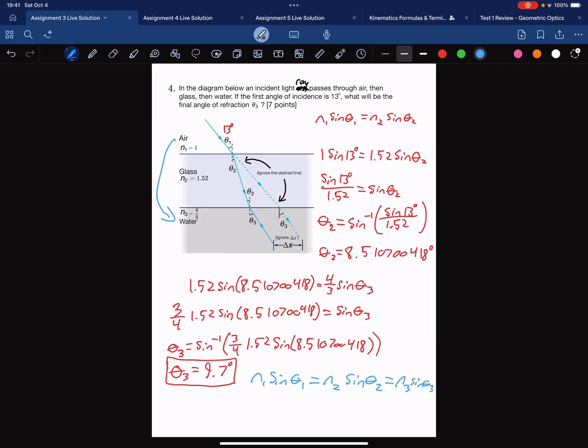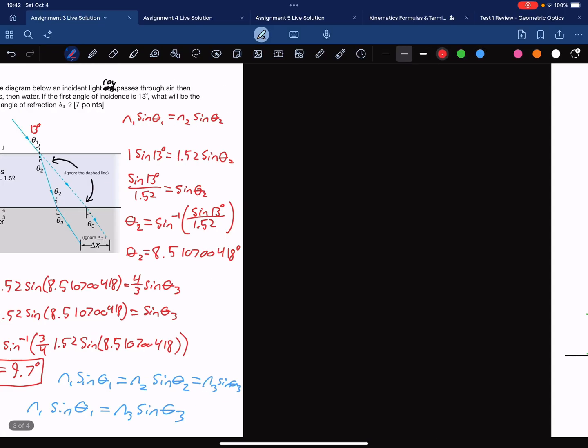So what we can actually say is n1 sine theta 1 is equal to n3 sine theta 3. So if done properly, you can skip the glass portion entirely. Don't need to calculate theta 2. Don't need to use n2 equals 1.52. Again, if done properly. Some people tried this, and some people worked, some people didn't, but it does give you the right answer. Give it a try.